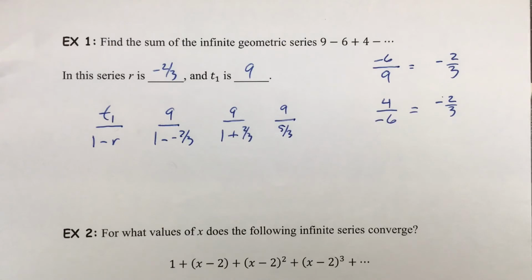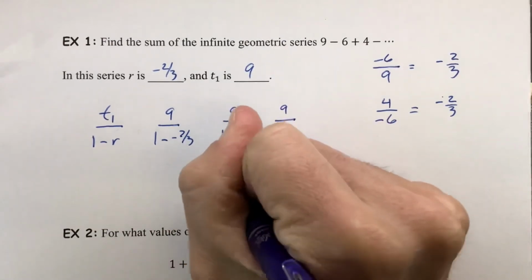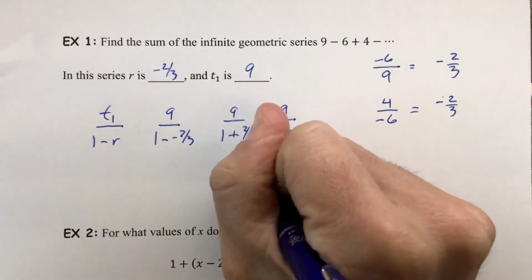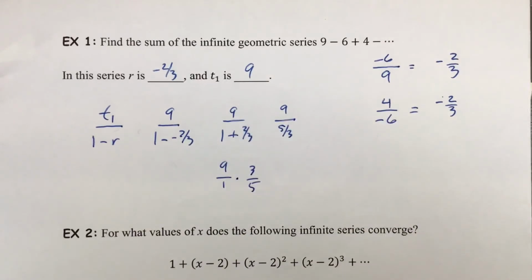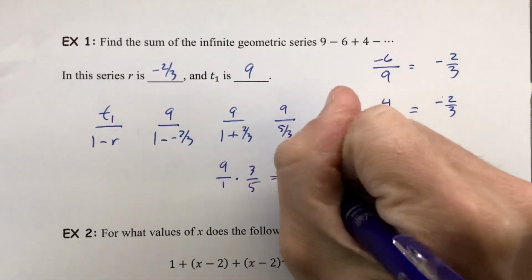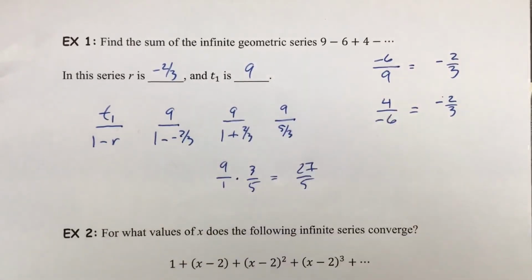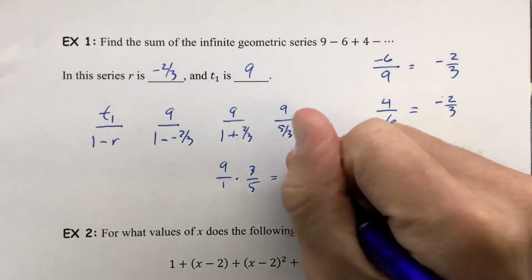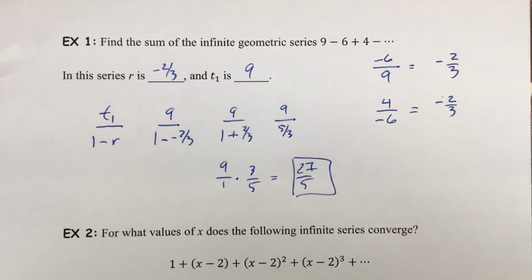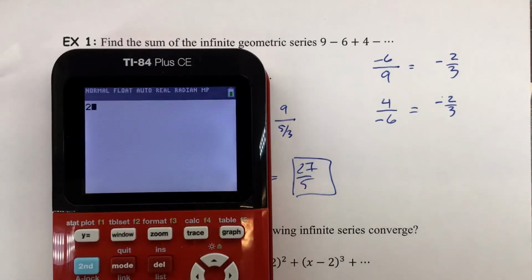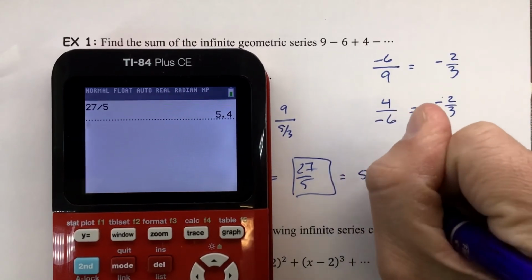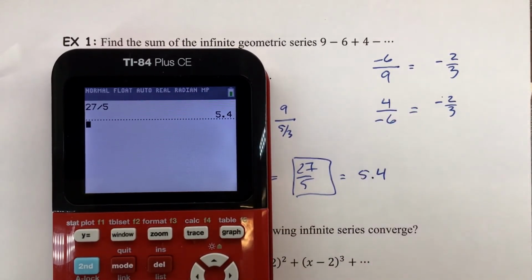And with some keep change flip, we've got 9 over 1 multiplied by 3/5, and that would give us 27/5. If you continue that sequence out forever, it will become 27/5, or as a decimal, 27 divided by 5 would be 5.4. So you could answer that way as well.